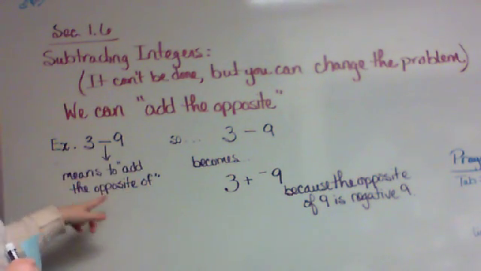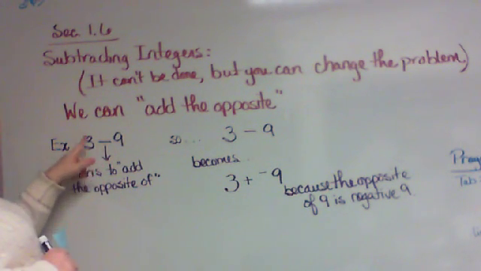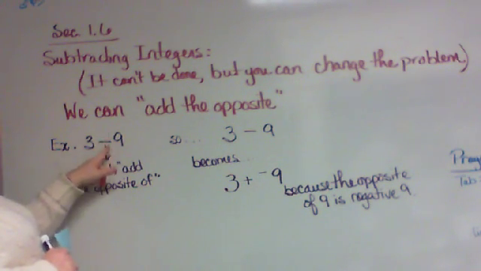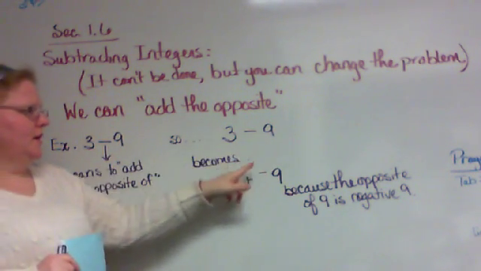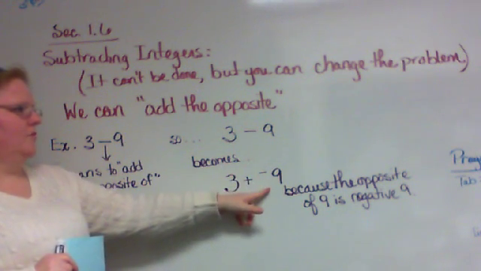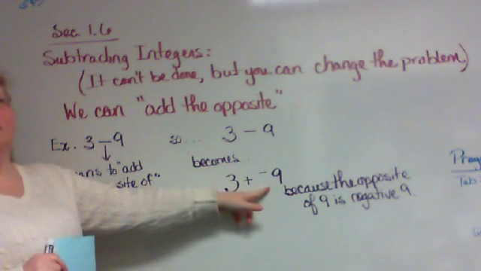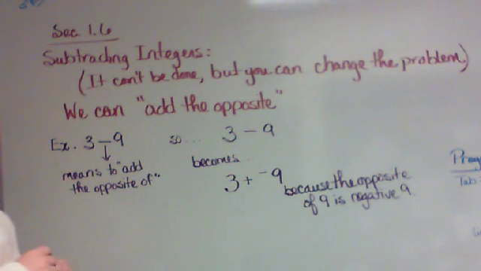It means to add the opposite of. So, when I read this, it's saying 3 add the opposite of 9. So 3 minus 9 becomes 3 plus the opposite of 9, which is negative 9. Because the opposite of 9 is negative 9. I think you know that part though.